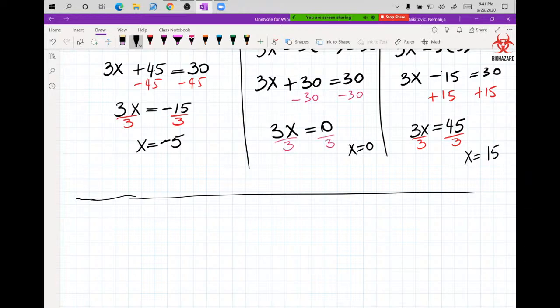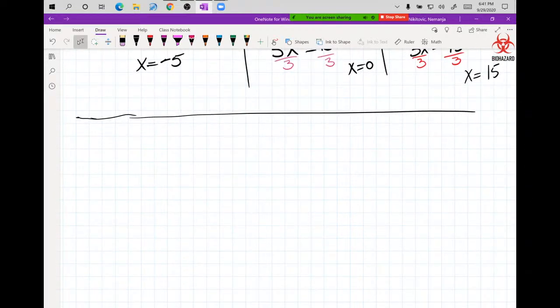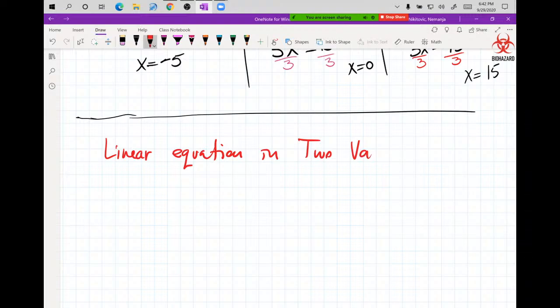So now a lot of problems here ask you to, well, let's also write, it's not a formula, it's more of a definition of this linear equation in 2 variables. So in terms of what it looks like: linear equation in 2 variables looks like this: ax plus by equals c.